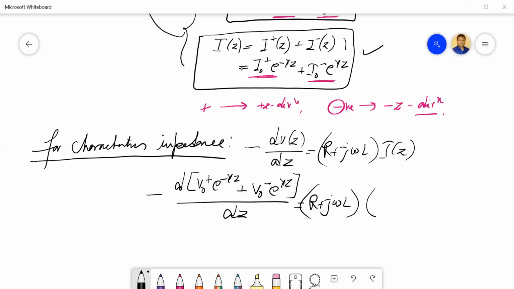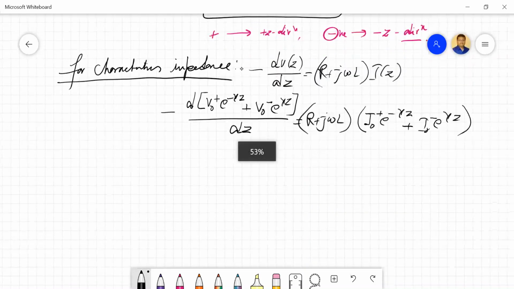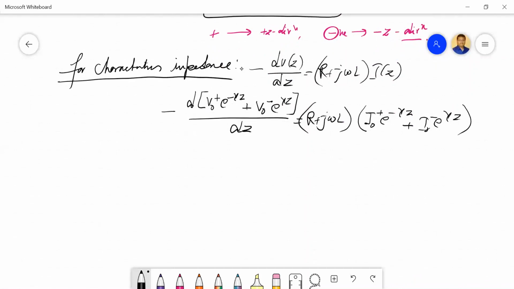What is Iz? Iz is I naught plus e to the power minus gamma z plus I naught minus e to the power gamma z. Now the life is simple, correct? We can solve this equation, and by comparison you can fix your characteristic impedance.